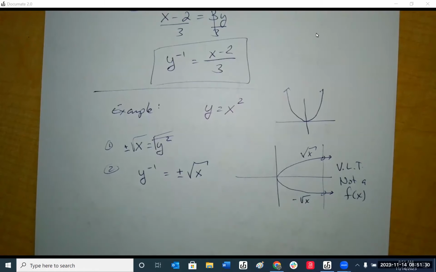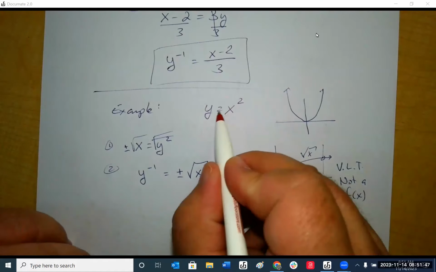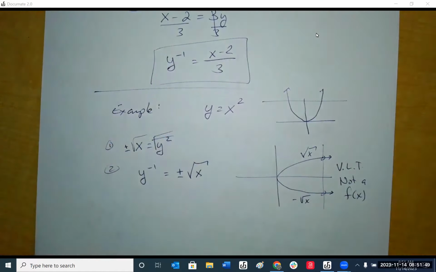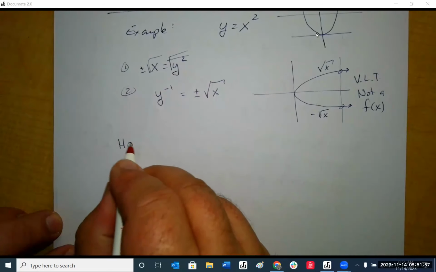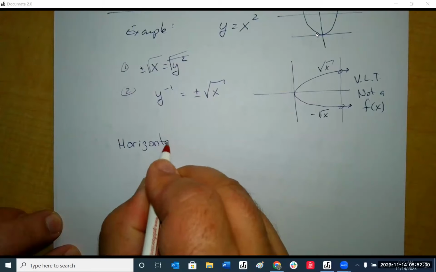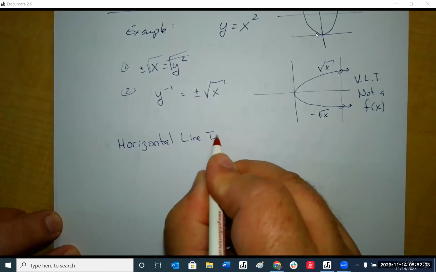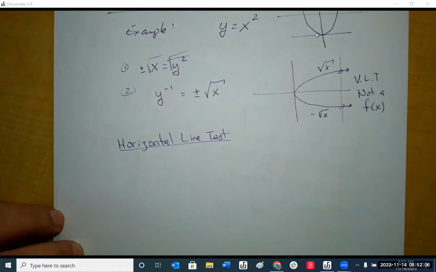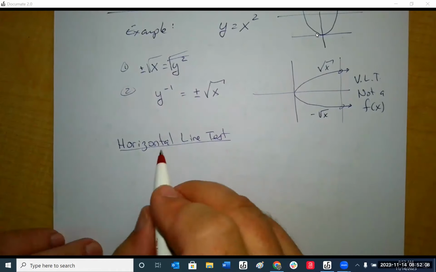But we knew it wasn't going to pass by looking at the original equation. What's the opposite of the vertical line? Horizontal. This original one fails the horizontal line test. The horizontal line test tells us this.